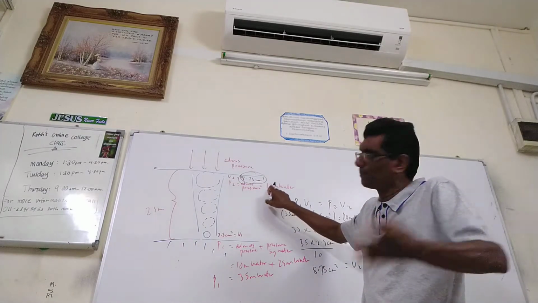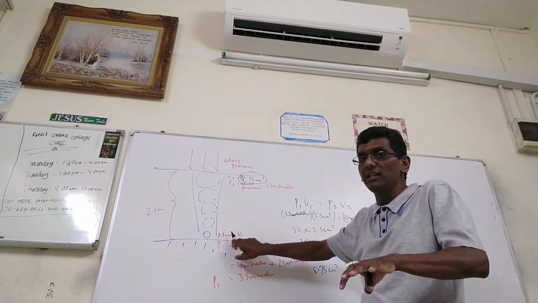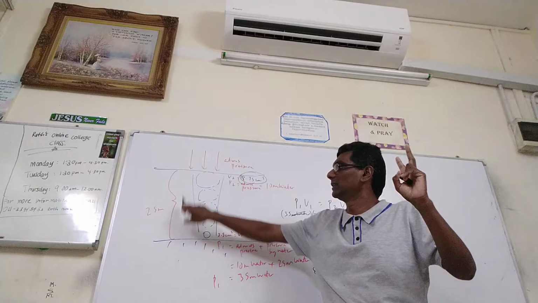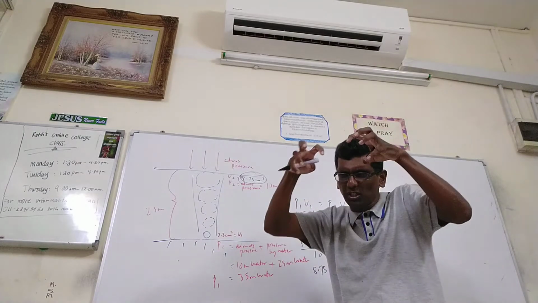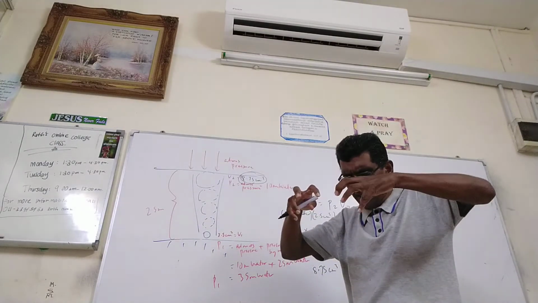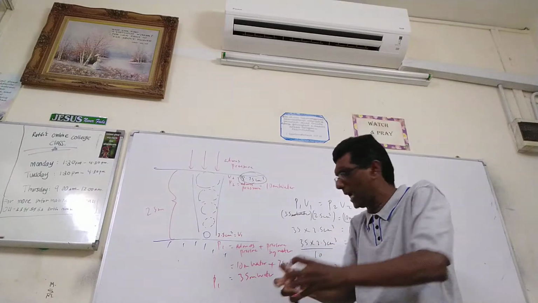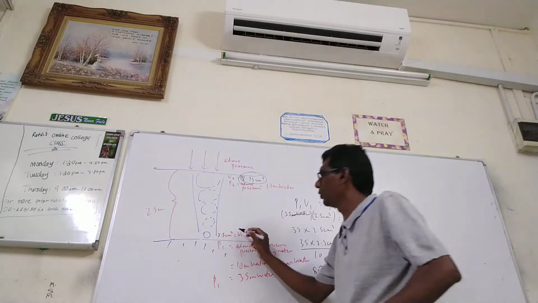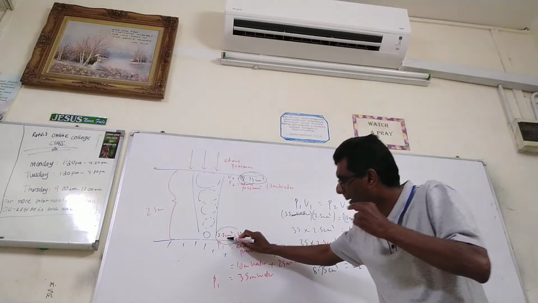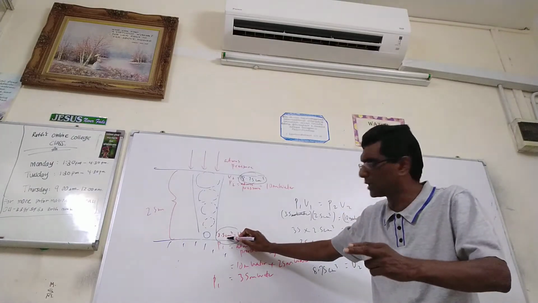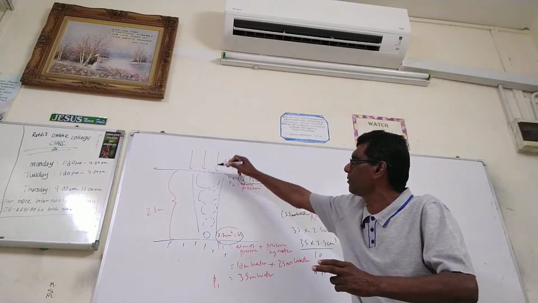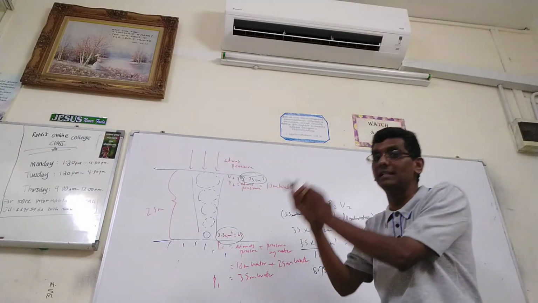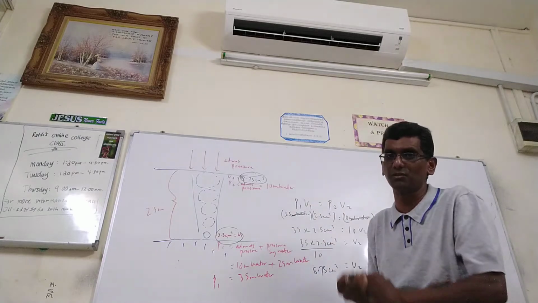But at the bottom of the sea, there are two types of pressure, atmospheric pressure plus the pressure by water, pressing the air bubble to shrink. So the 2.5 centimeter cube air bubble, when it comes to the surface, has a volume changed to 8.75. The volume has increased because the pressure has decreased.